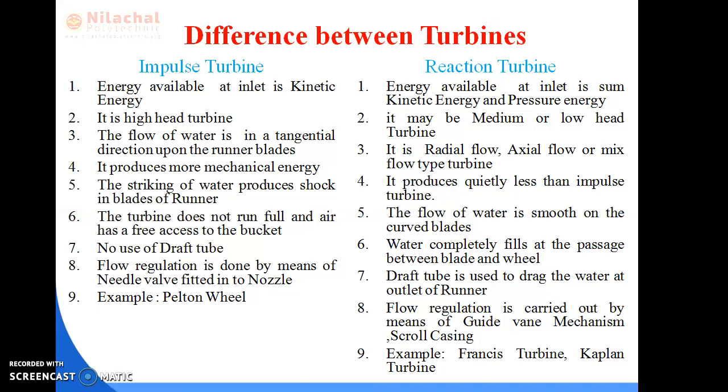The jet of water after striking the blade automatically comes to the tailrace level due to gravitational force. But in case of a reaction turbine, the pressure at exit is less than atmospheric pressure, and we have to use a draft tube so that the pressure can be increased and thereby the water from the exit can be discharged to the tailrace level.